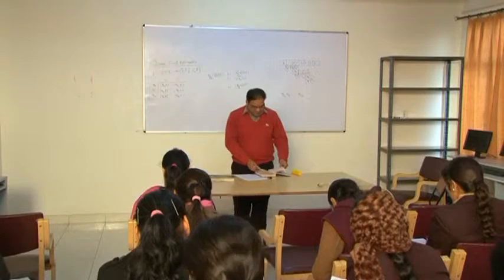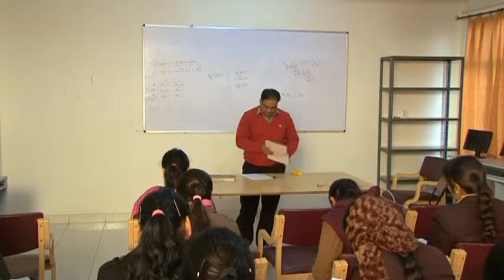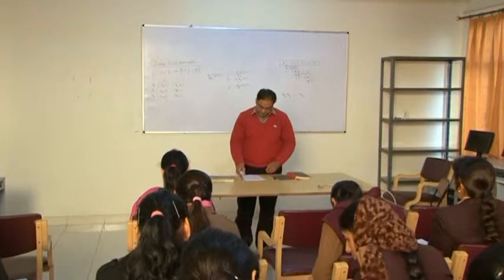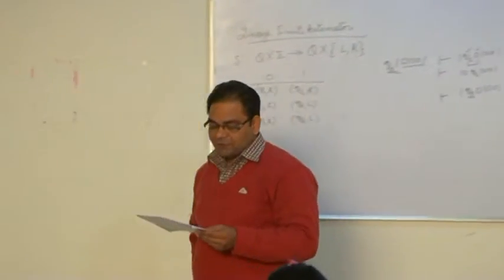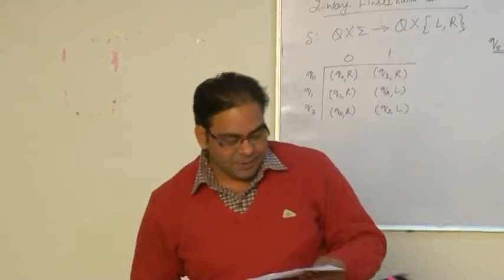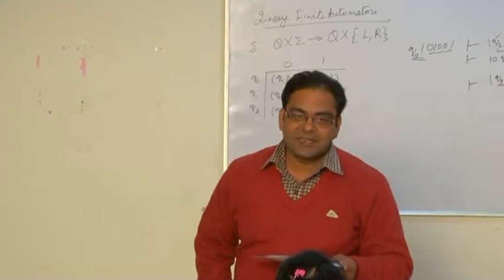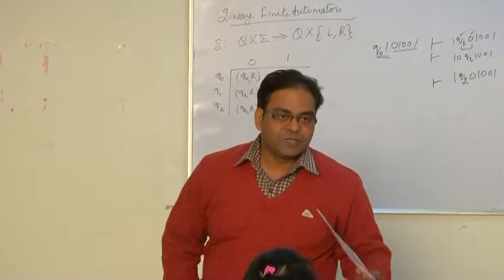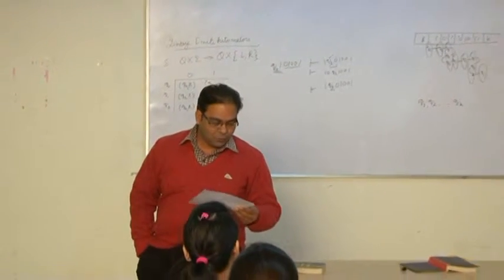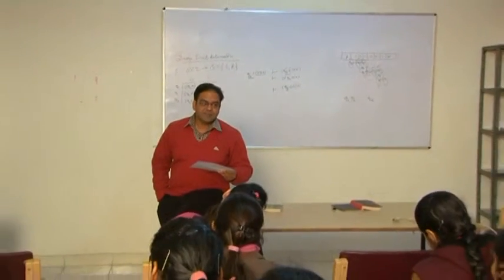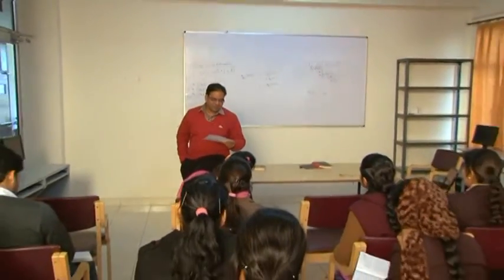So we are done with section A, in which the last topic is applications of finite automata, in which we will be covering lexical analyzers and text editors. The theory is available in the books. So just go through it, how finite automata is helpful in lexical analysis and text editors.